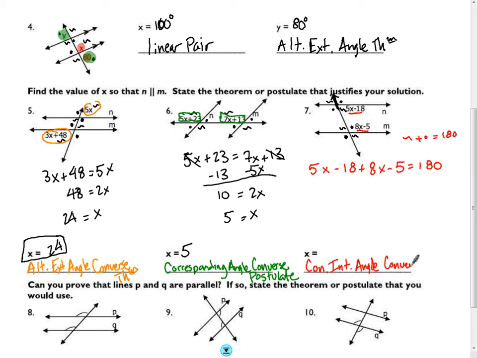So when I'm solving for x here, I have terms on the same side, so I'm going to add those together, 5x and 8x, which adds up to 13x. Negative 18 minus 5 adds up to a negative 23. Then I'm going to go ahead and add 23 to 180.